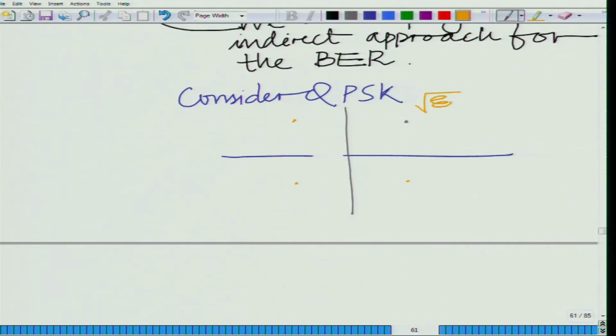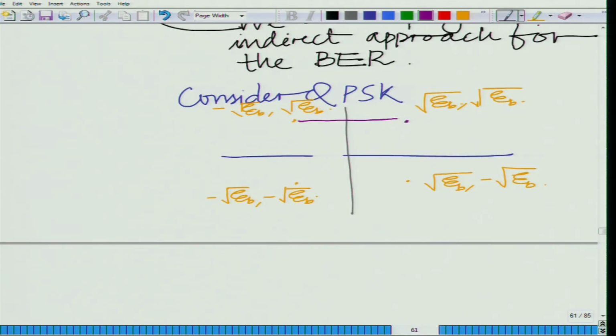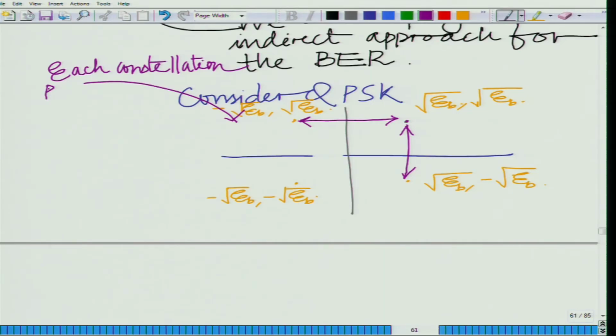The points are at plus or minus square root of EB, plus or minus square root of EB. Now, if you look at any particular constellation point, each constellation point in QPSK has two so-called nearest neighbors.